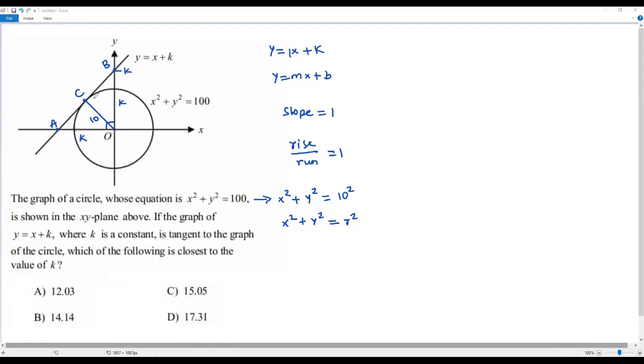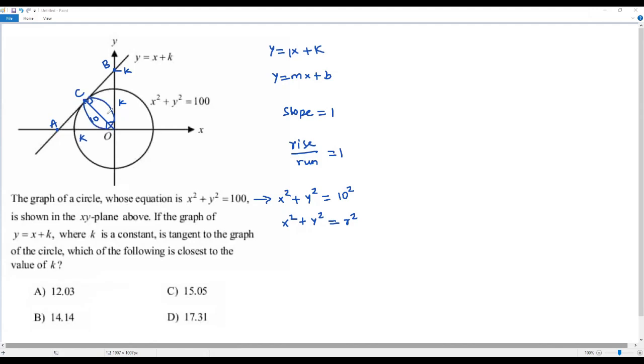At the point of tangency, we always have a right angle between the radius of the circle and the tangent line. So here we have a right angle, and this OC represents the altitude of the triangle because it's a line drawn from one of the vertices of the triangle to the side AB, and this line segment OC intersects the side AB of the triangle at a right angle.